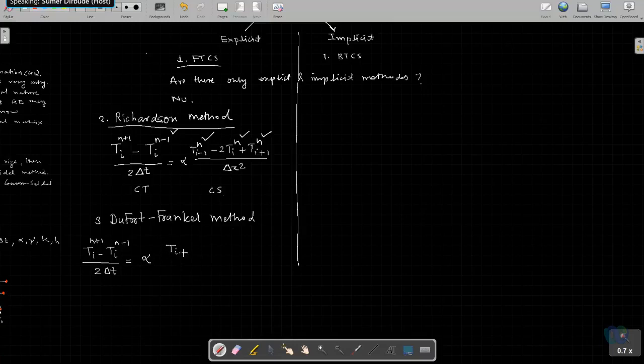Here the Ti term is replaced by an average of Ti n plus 1 and Ti n minus 1, plus Ti plus 1 and Ti minus 1, divided by delta x square.